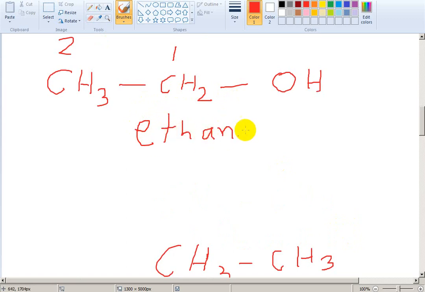Ethanol 1. This position number is 1. Or we can write it as ethan-1-ol. These two ways we can write: ethanol, ethan-1-ol, or 1-ethanol can be written.